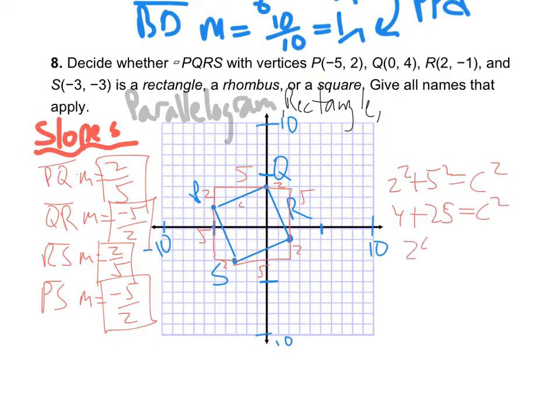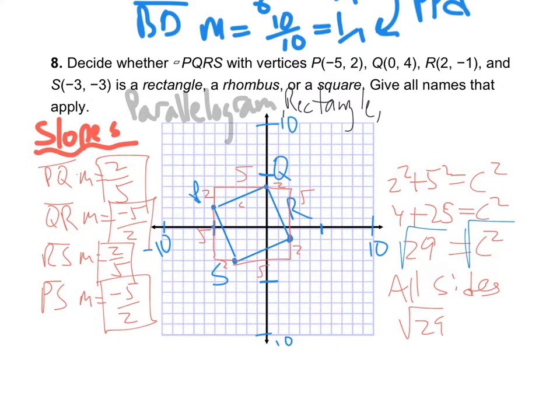Make sure you're working down the page. Don't forget the c squared, because the last thing we have to do is square root it. So we see that all sides are the square root of 29, because they're all traveling in 2s and 5s. It's all about these right triangles.